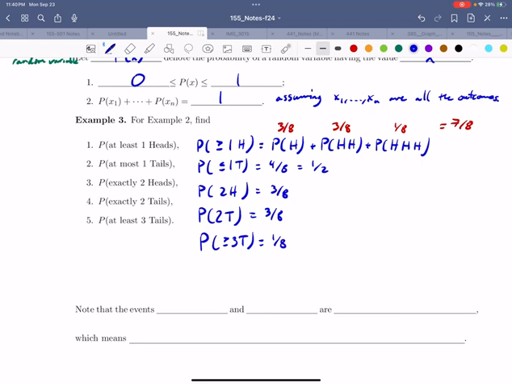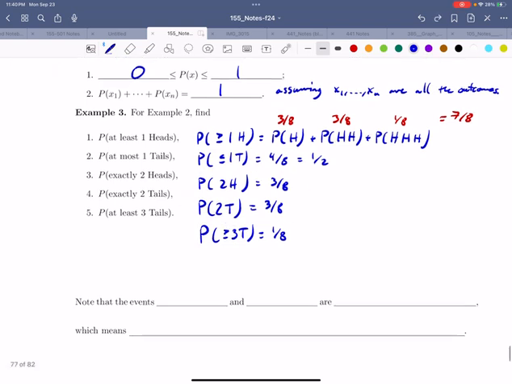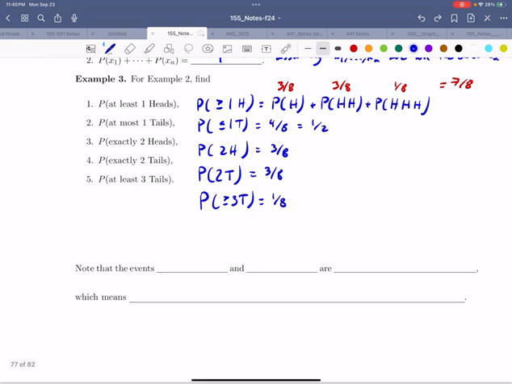Now note that the events 2 heads and 2 tails are what we call mutually exclusive, which means they can't both happen.